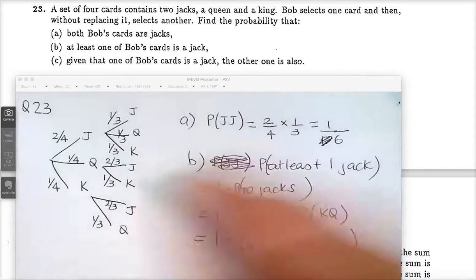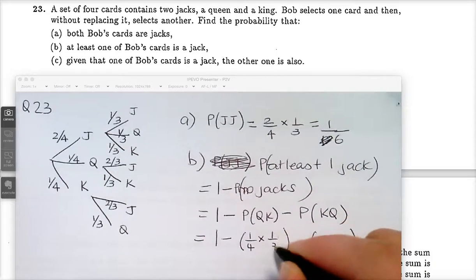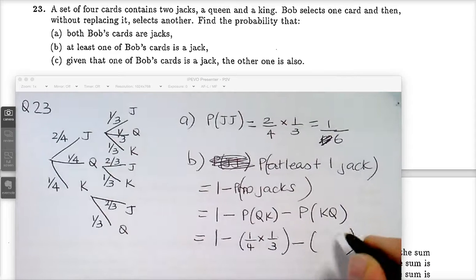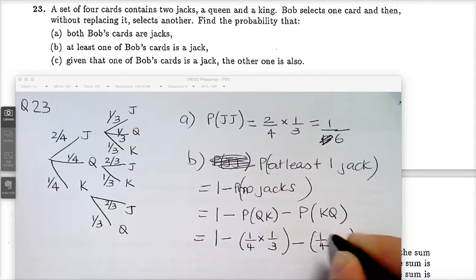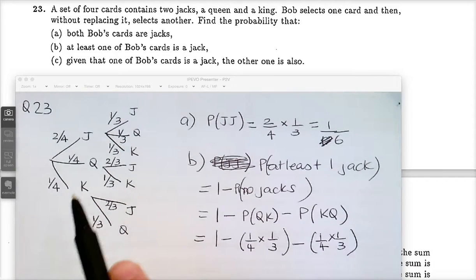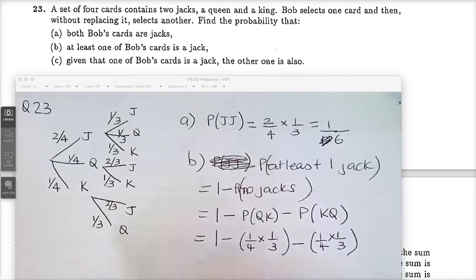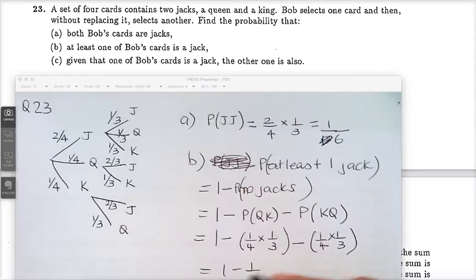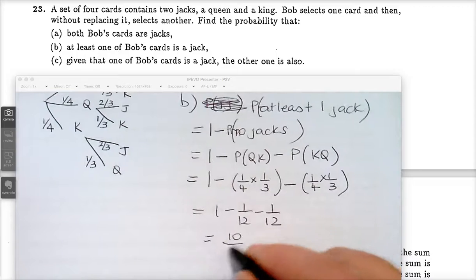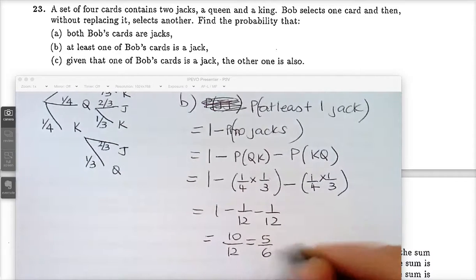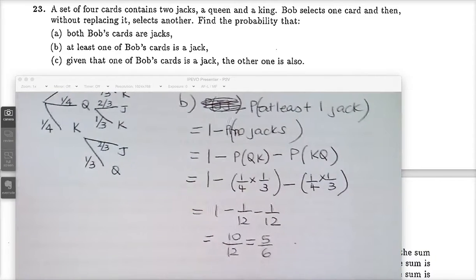So QK is a quarter times a third and KQ is the same. So it's just 1 minus 1/12 minus 1/12, which is 10/12, which is 5/6.